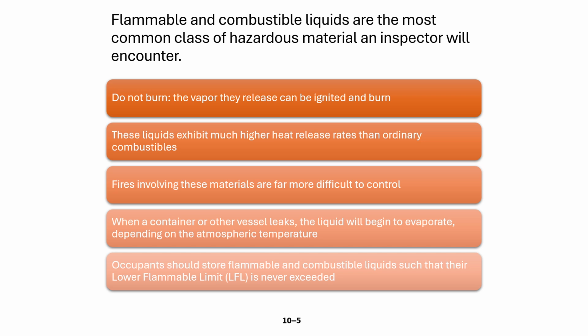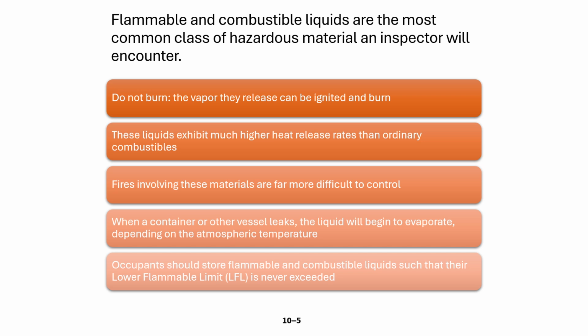Regarding flammable and combustible liquids, they don't burn. It's the vapor they release that can be ignited and burned. So the lower the boiling point, the better the opportunity for vapors to be emitted.